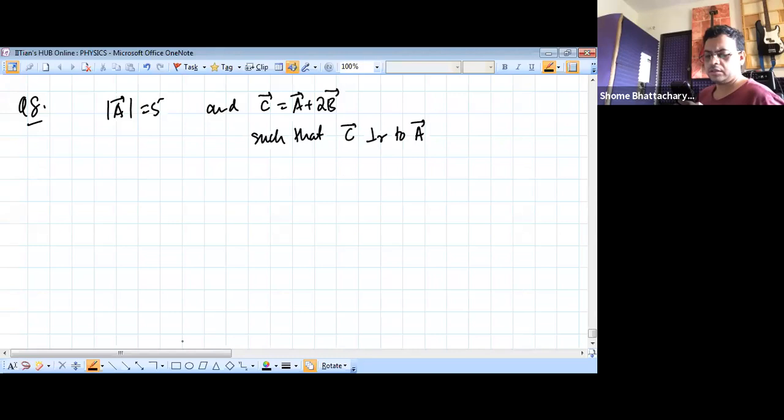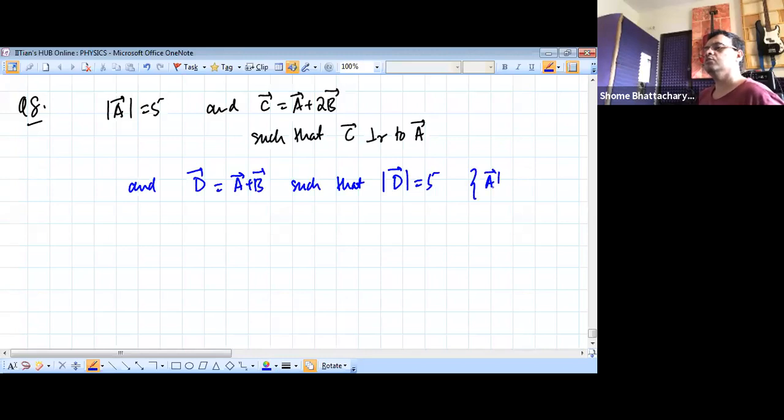It is also given to us that the vector D is equal to A plus B, such that the magnitude of D is equal to 5, which notice is equal to the magnitude of A.